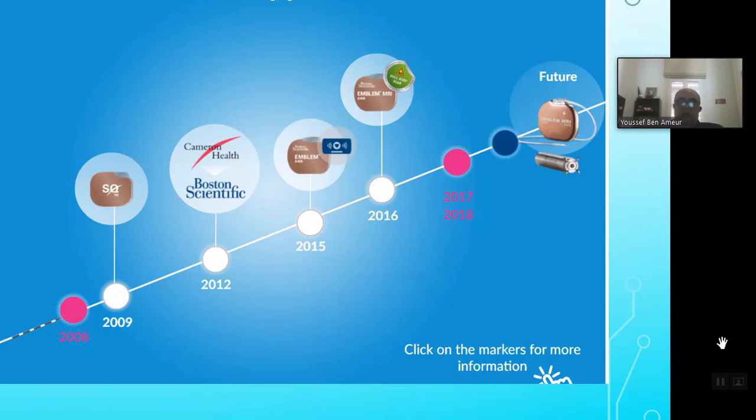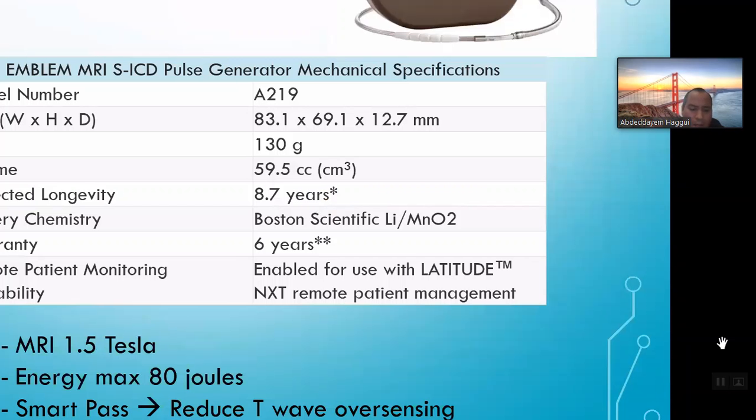Launched in 2015, the EMBLEM SICD system was 20% thinner with 40% greater longevity compared to the first generation and was enabled for LATITUDE remote monitoring. The EMBLEM MRI SICD system is the latest generation. It's labeled for 1.5 Tesla full body MRI scans and includes two new features, SmartPass technology and AF Monitor.